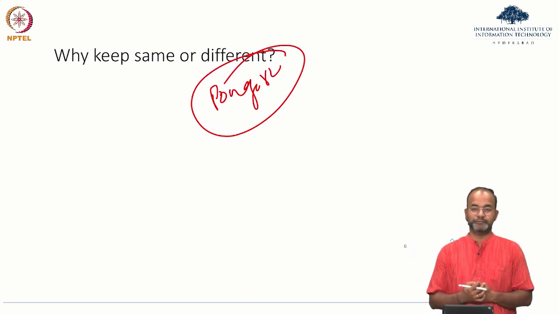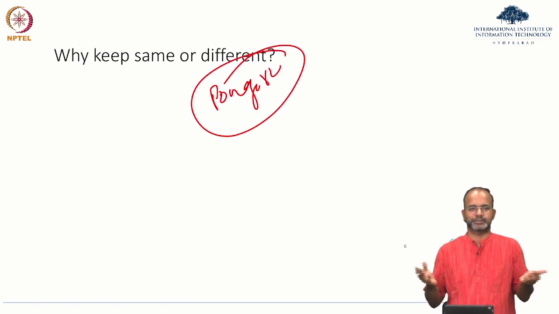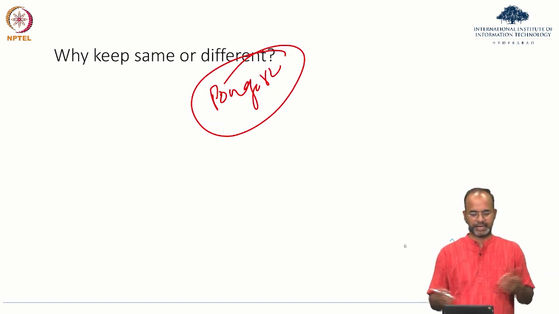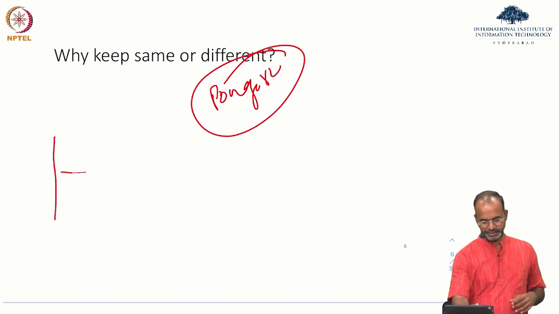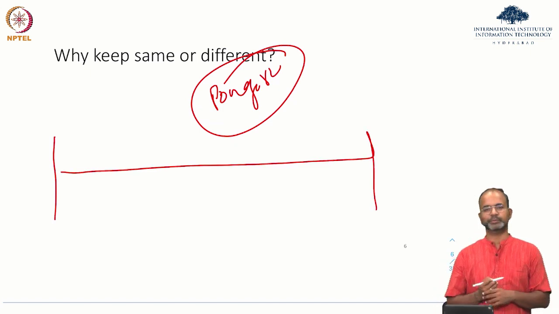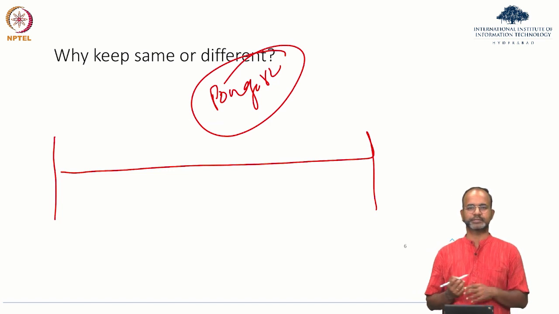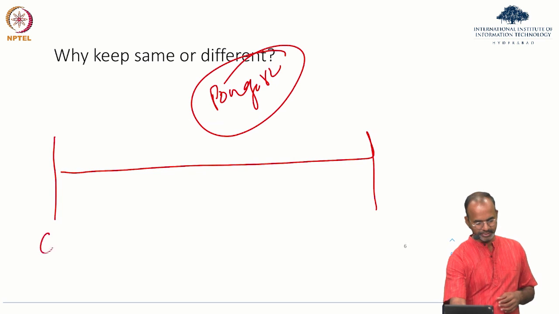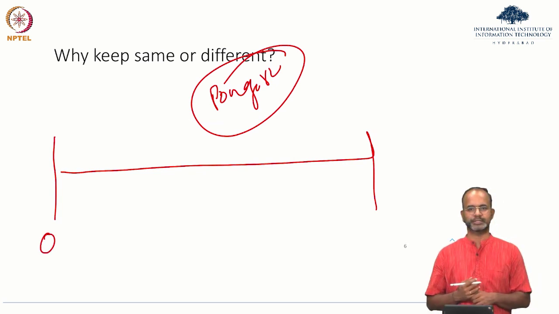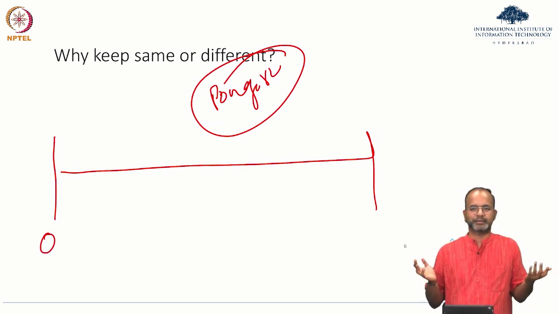Why do you want to keep it different? You want to keep it different because you don't want people to figure out that it's the same person. So that's why this continuum will be very helpful to think about. We discussed this continuum even earlier about anonymity, where zero anonymity means keeping the same handle on all platforms.